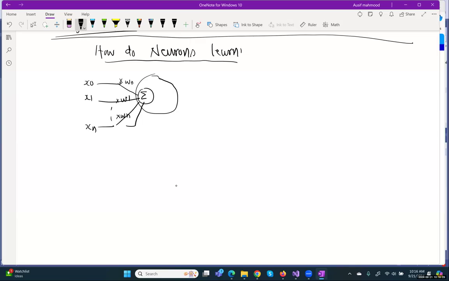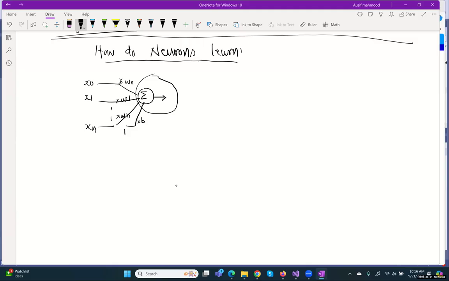Every neuron has one additional input where the input is always 1. It multiplies it by what we call a bias. So after multiplying all of the inputs by W's and then adding the bias to it.